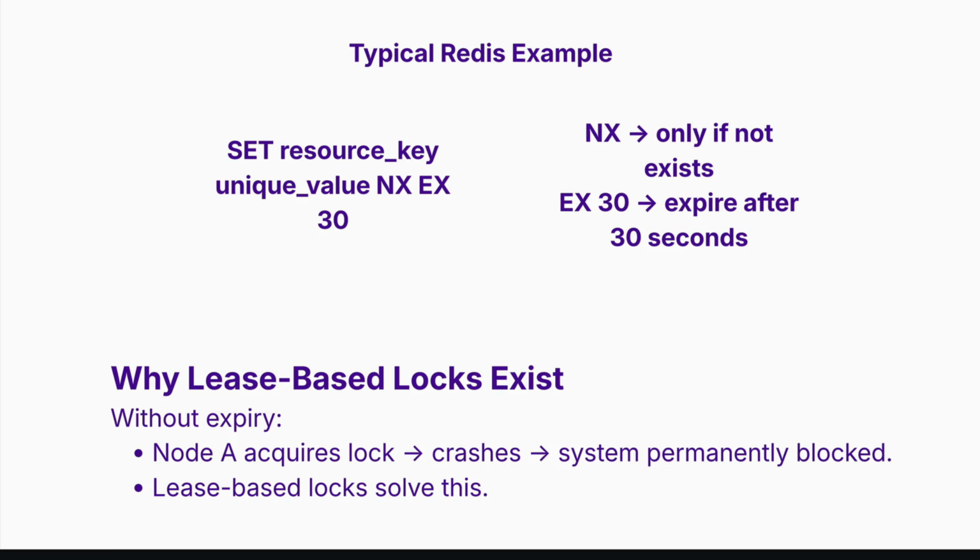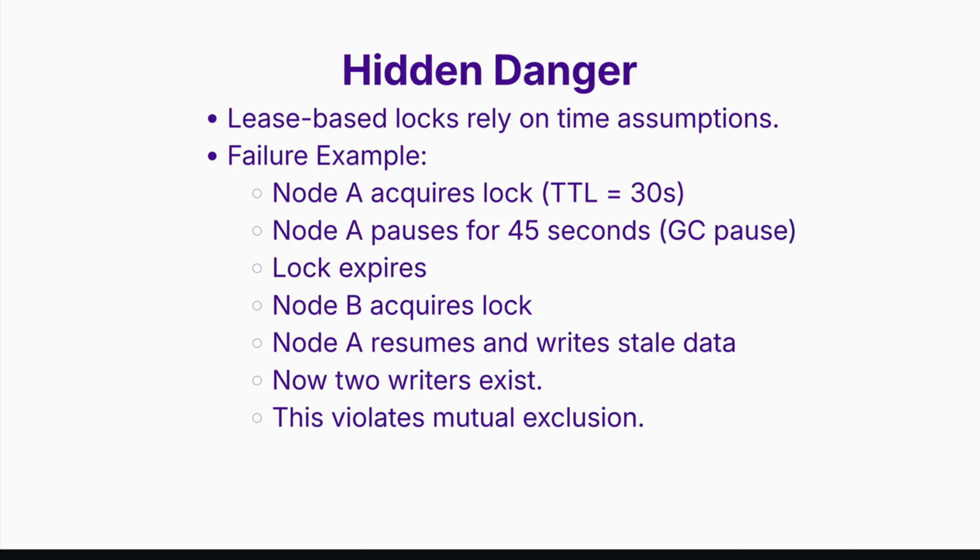But there is a hidden danger: it relies on time assumptions. Let's say server A has acquired a lock, but then there is a GC pause and the TTL expires. Now server B acquires the lock.